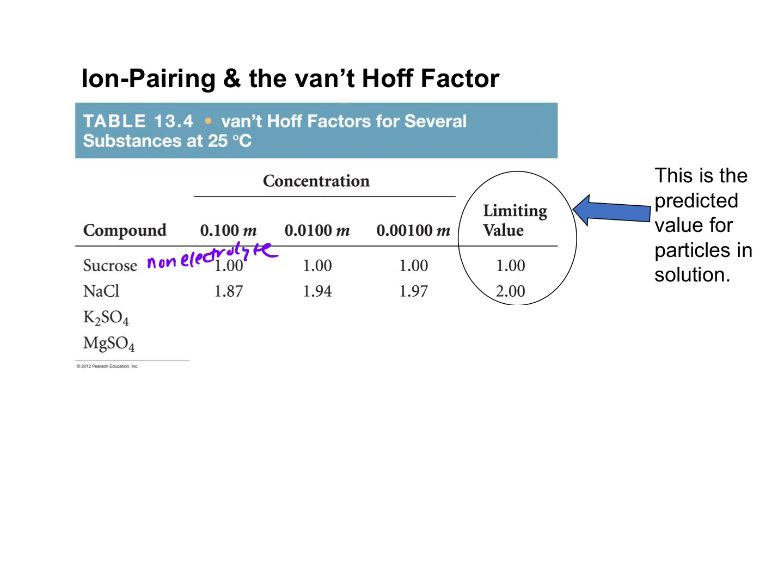Non-electrolyte, doesn't break apart, it's not a salt. Everything else on this list, these are all electrolytes. So when we put those in solution, they're going to dissociate. So we can relatively easily predict the limiting value for i, for the Van't Hoff factor. And again, if you're not given an experimental value of i, use the limiting value.